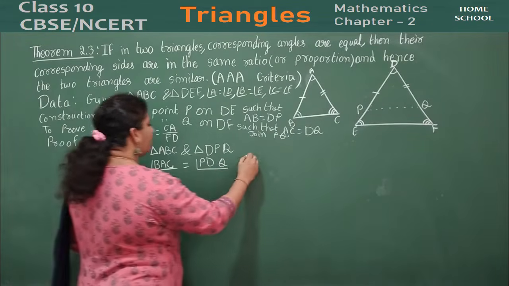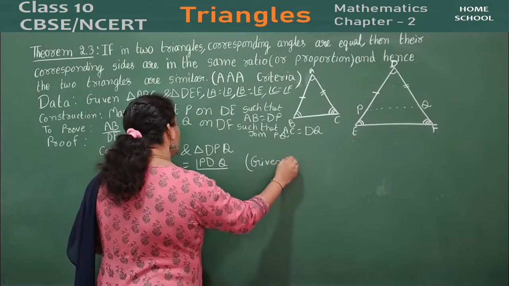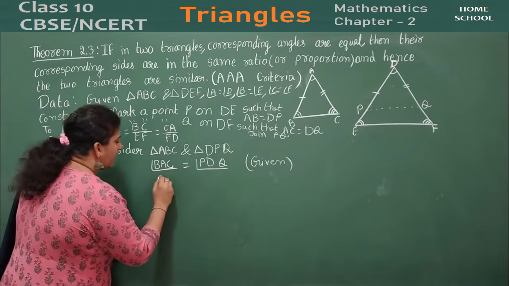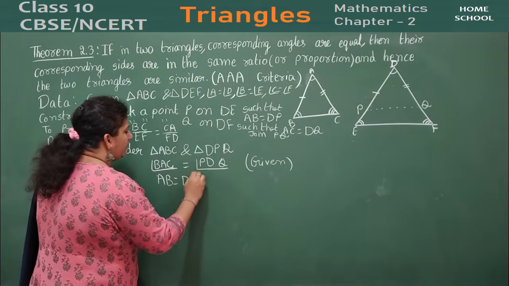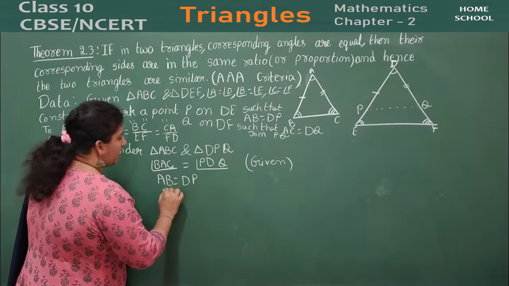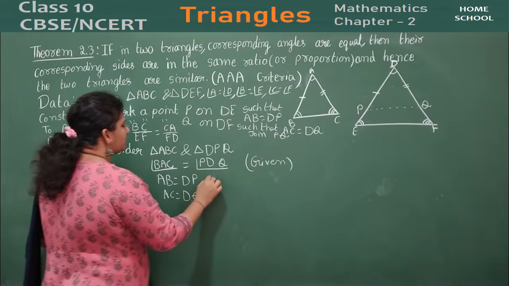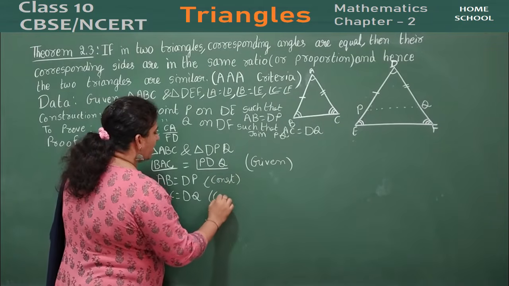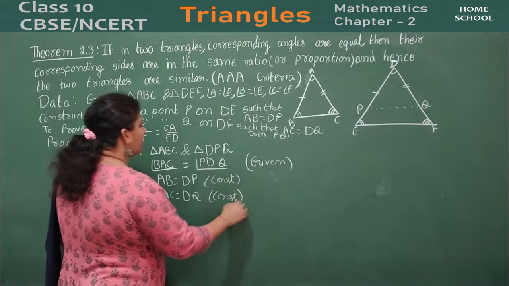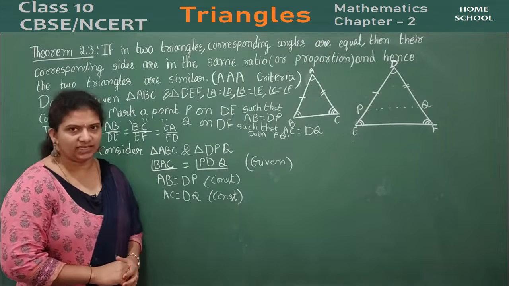Okay, so how is it? Reason you have to write now? By given. So now next, AB is equal to DP and AC is equal to DQ. How, children, this one? By construction. We have done the construction in such a way that these two are equal.